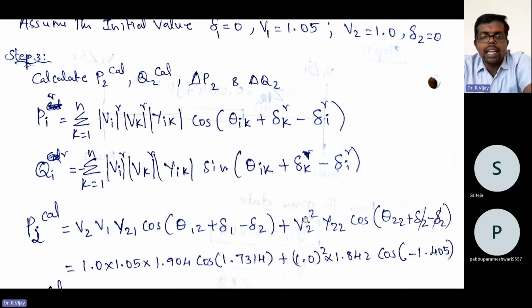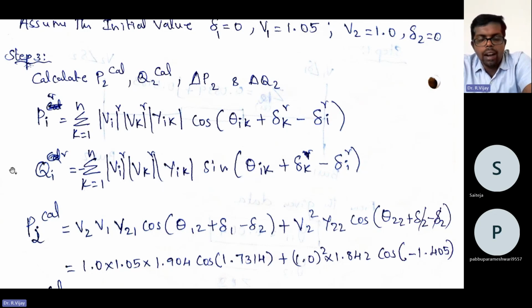We are calculating up to k equal to 1 to n, so n is equal to 2. Up to 2, the second bus also you need to calculate. So substitute k as 2 and i as 2.